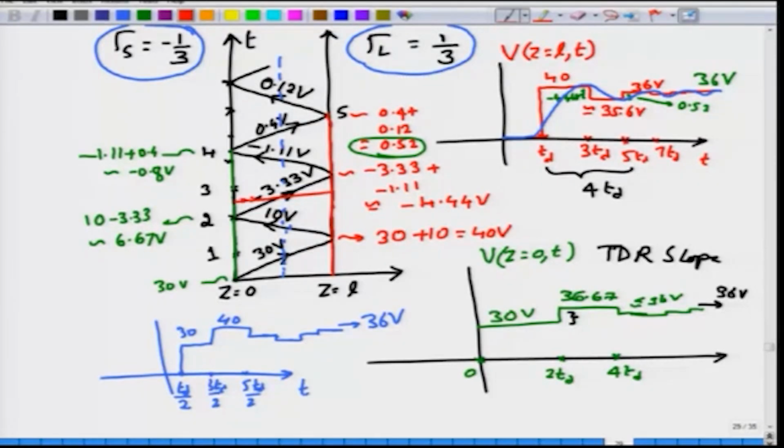As you move in this manner you would see there is no voltage. At this point what would be the total voltage? There is a 30 volt, 10 volt and a 3.3 volt. So, you can add that voltage jump and then continue to move along in this manner. Okay. This is not quite as important as finding the voltage at the load as well as the source.